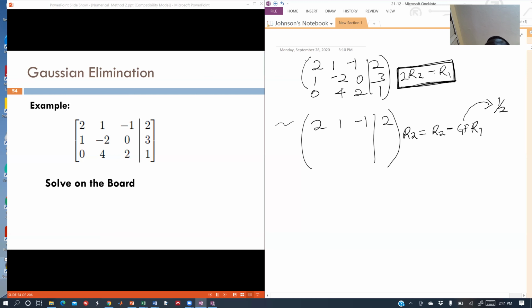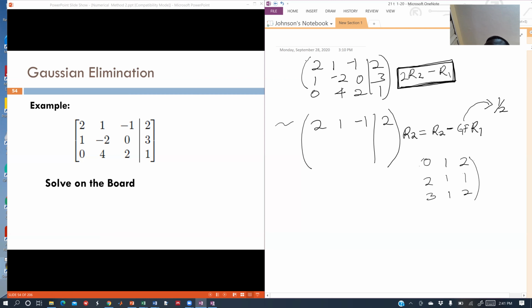Assume I have this matrix: 0, 1, 2, then another row 2, 1, 1, then 3, 1, 2.